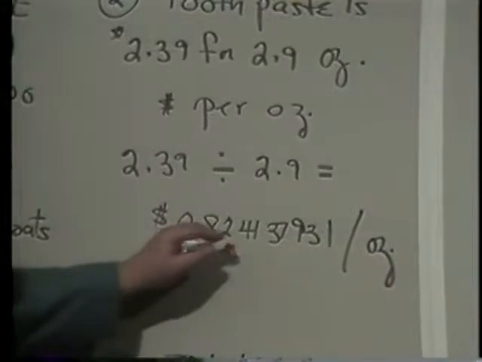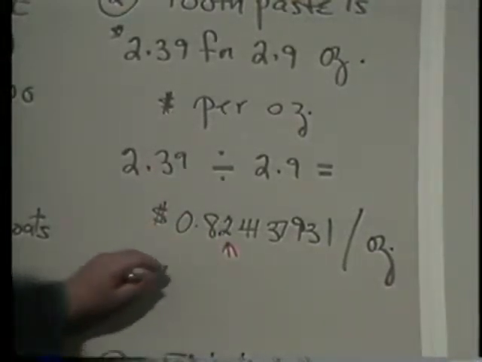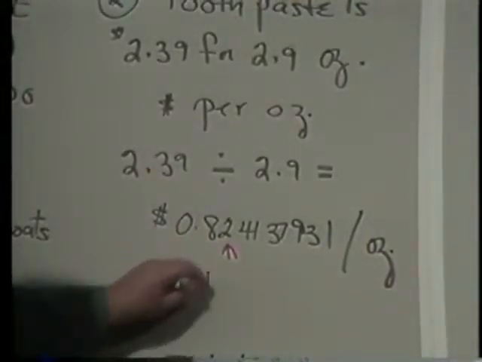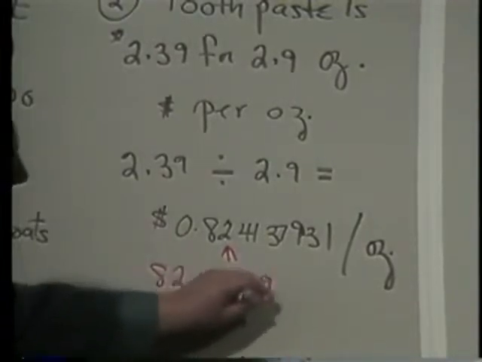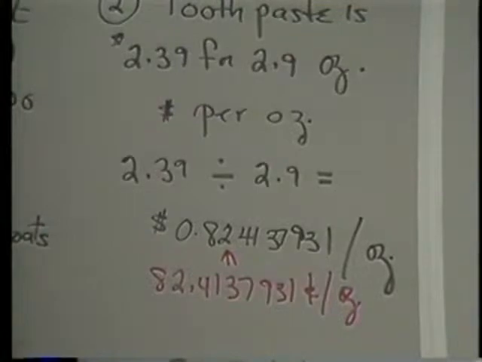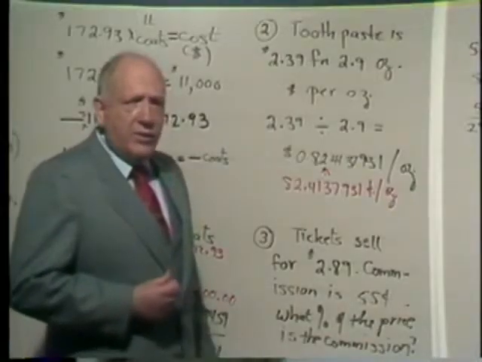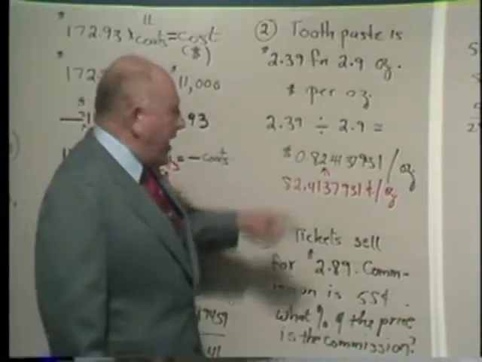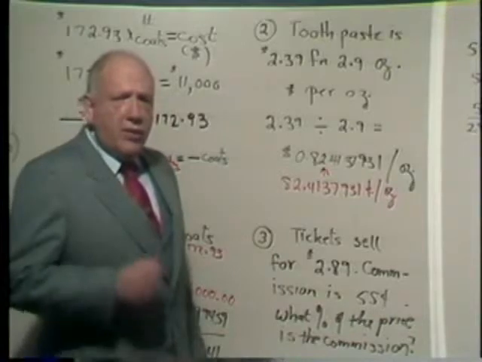On the other hand, if I want the answer in cents, it's 82.413791 cents per ounce. And so if I round this off, it's 82.41 cents per ounce. The way I worded the problem, I was looking for 82 cents an ounce. If you gave me this answer, that's okay too. Because you know what's interesting?